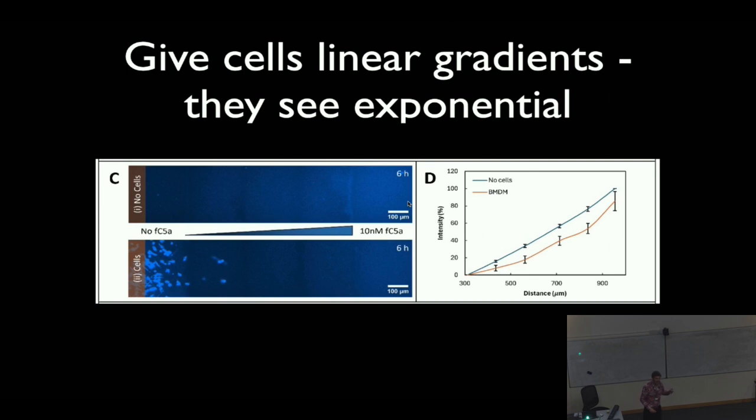So yet again, the cells are actually improving the quality of the information they're able to get out of the environment by breaking down a chemoattractant. And we can see it happening live with this fluorescent C5a.